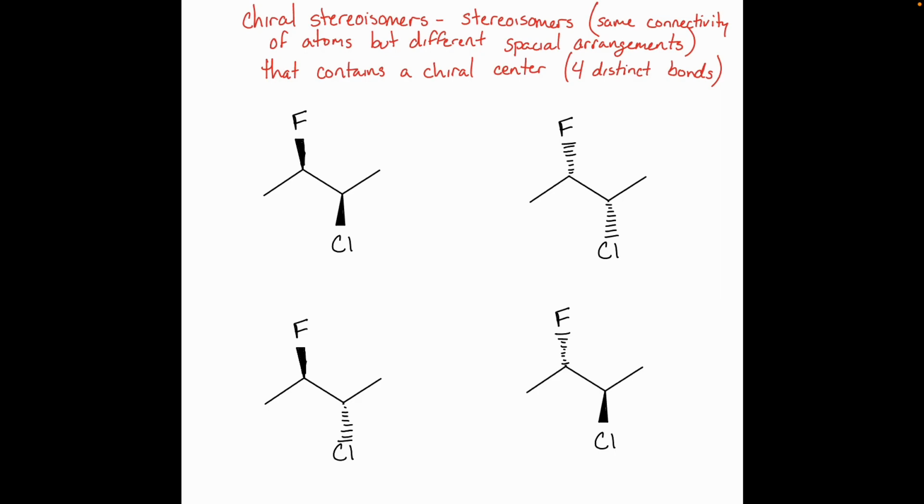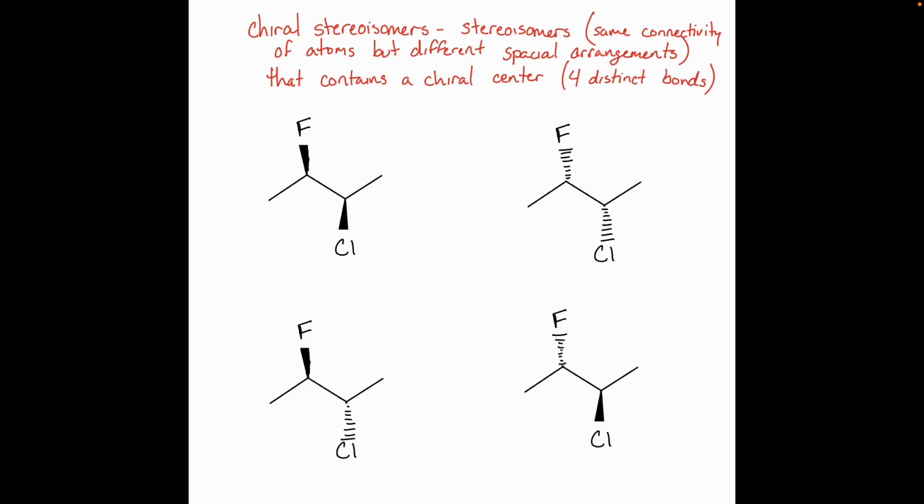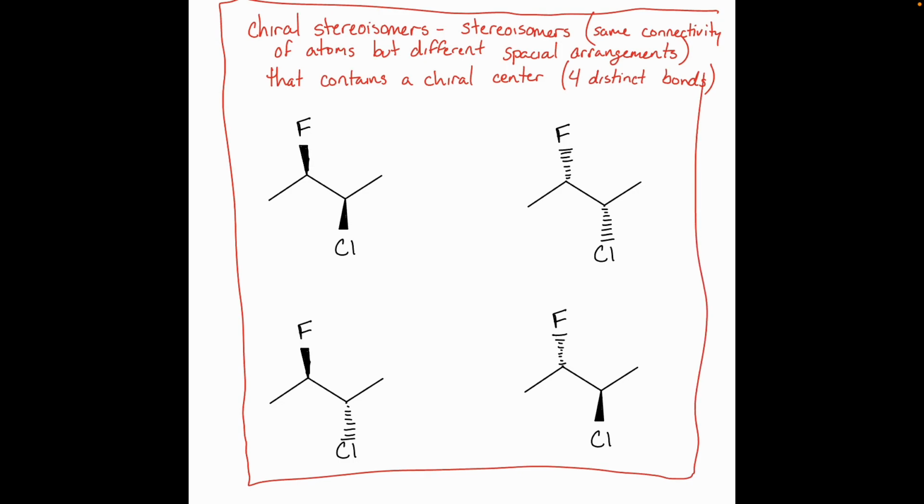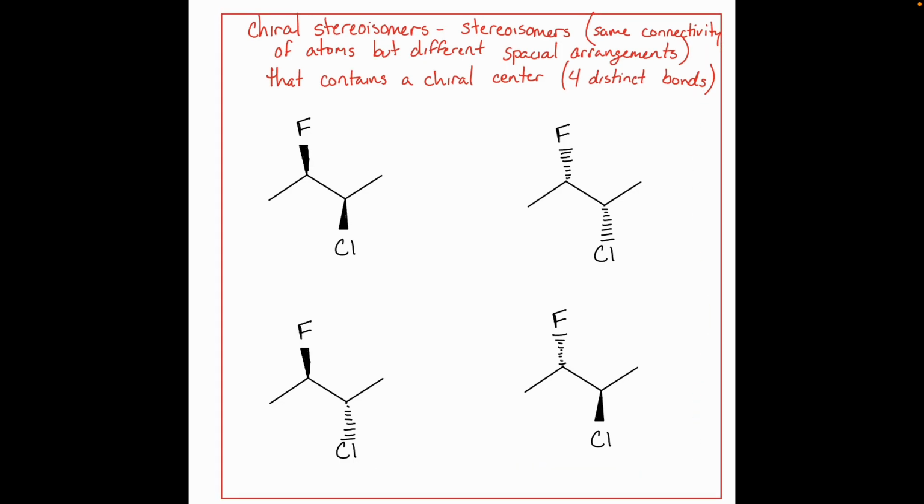All right, this particular molecule has 2 chiral centers. So we actually have 4 chiral stereoisomers that we can draw for this molecule, right? All 4 of these would be stereoisomers of one another. They all have 4 carbons. They all have a fluorine on the second carbon and a chlorine on the third carbon. The only reason that they differ is because those fluorines and chlorines are pointed in different directions. So these would be a group of chiral stereoisomers.